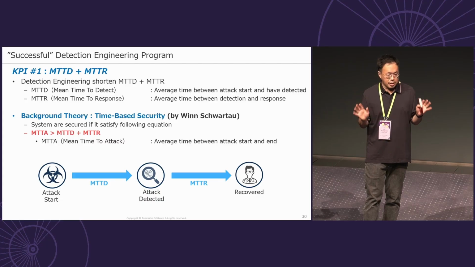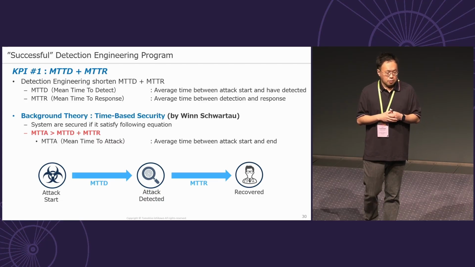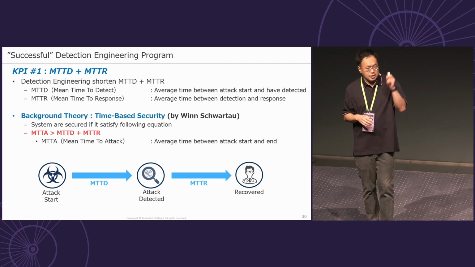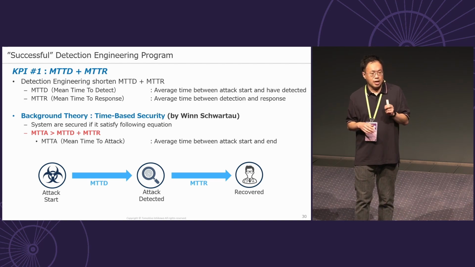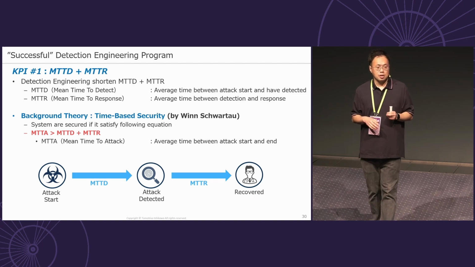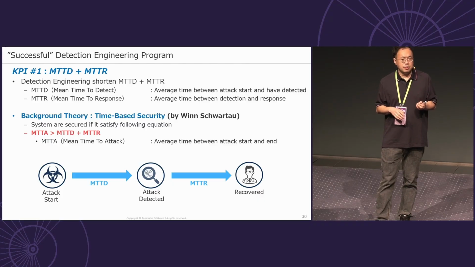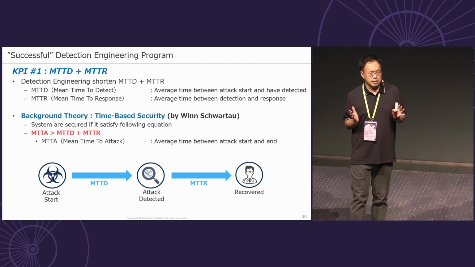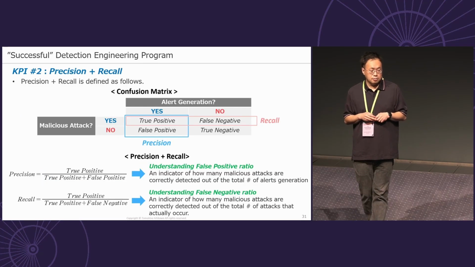So detection engineering definitely contributes to decreasing the mean time to detect and mean time to respond. This is a very important KPI to evaluate whether your detection engineering program is successful. This is the first KPI.